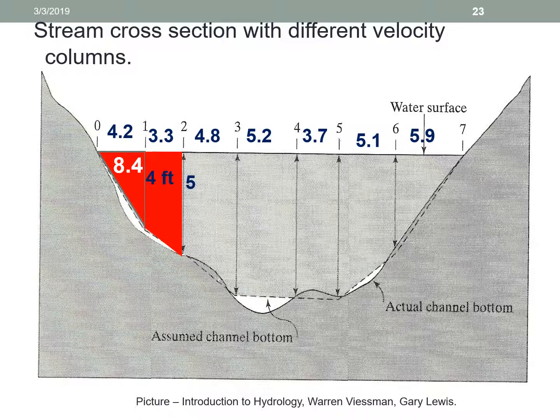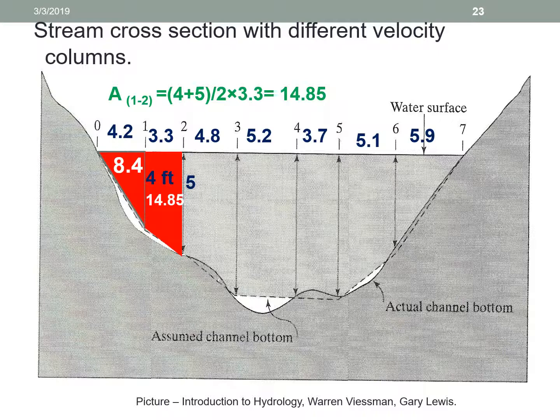The next area, the left depth is 4, the right depth is 5, that is a trapezoid. So it will be left plus right divided by 2 times surface. That will be 14.85. So the next area will be 14.85.